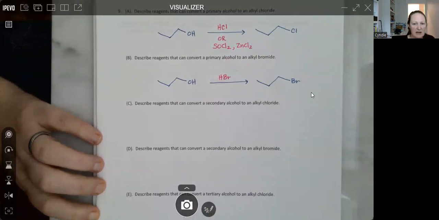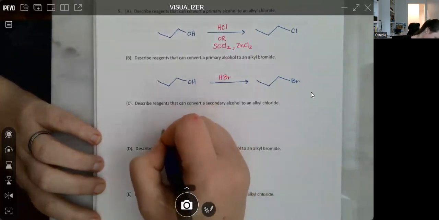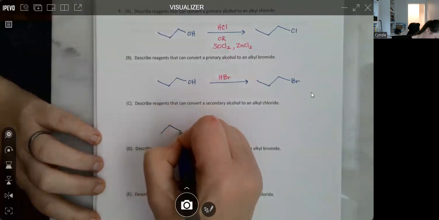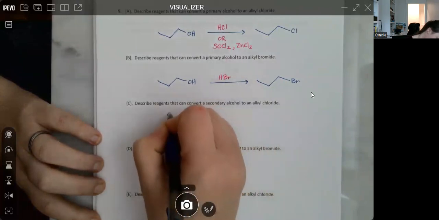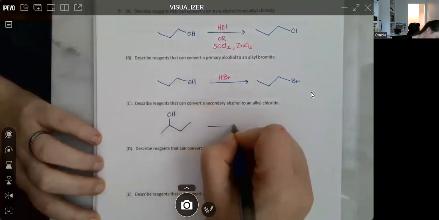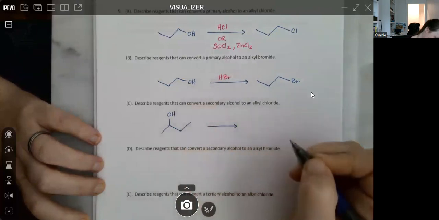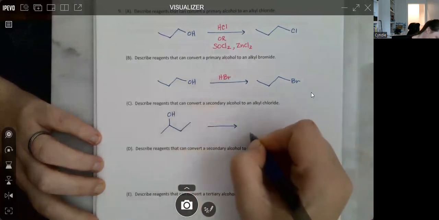Okay, describe reagents that can convert a secondary alcohol to an alkyl chloride. All right, so let's do a secondary alcohol. And again, we're going to convert, same idea.